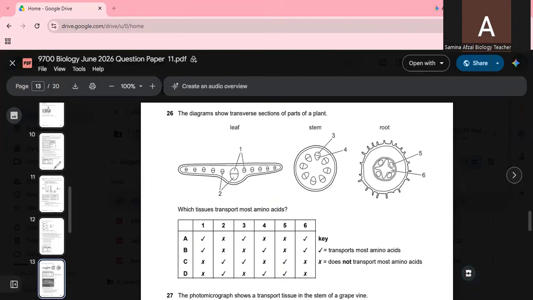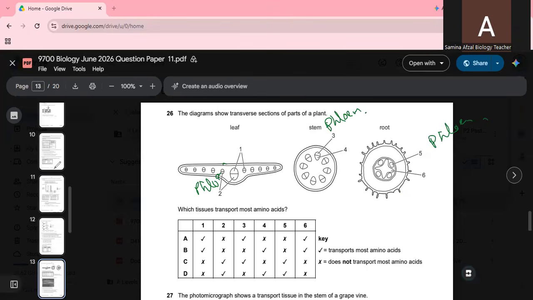And you know in the leaf, the part 2 shows the phloem, and here number 3 is phloem, and in the root 5 is phloem.